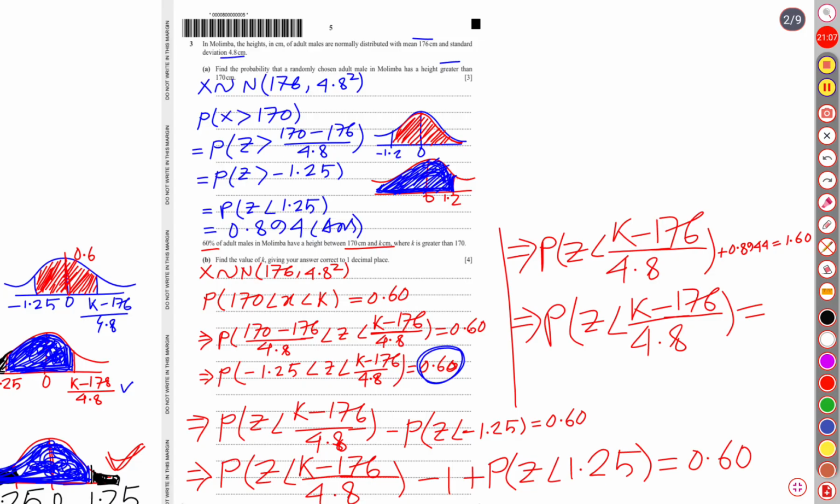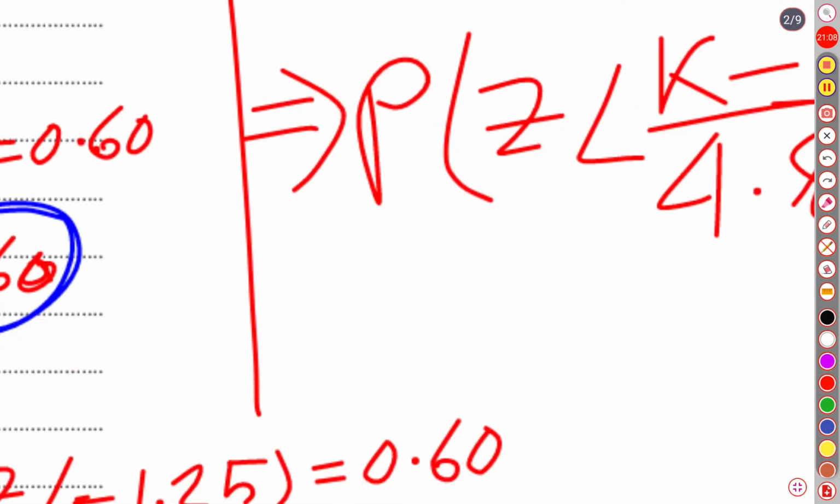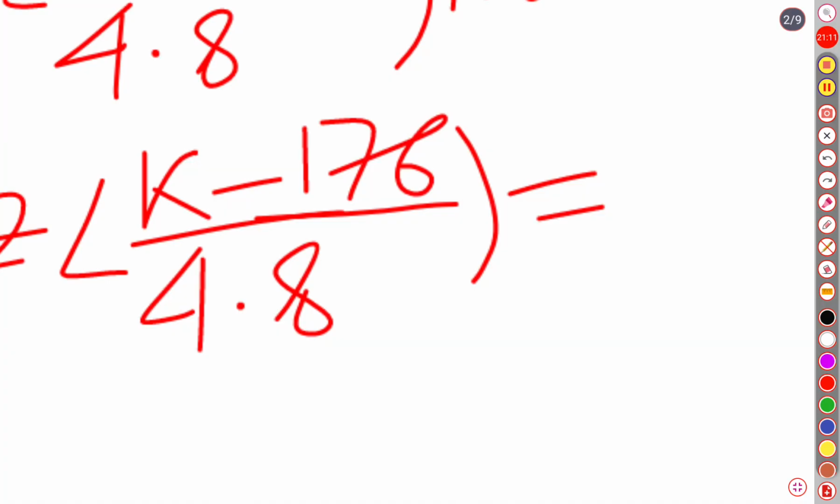Let me zoom out again. So this is our probability.